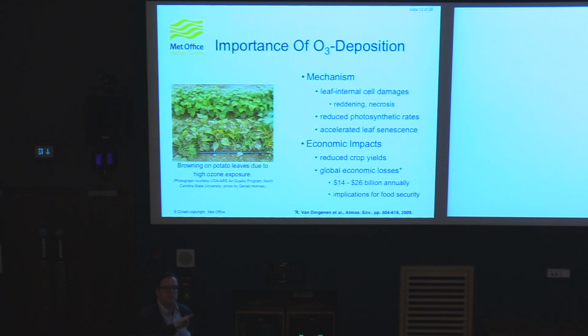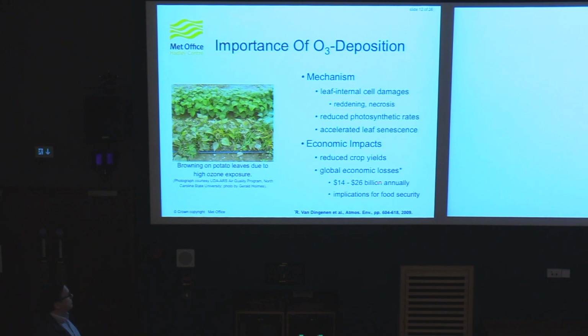The leaves are damaged at a cellular level, the photosynthesis is impaired, carbon assimilation is reduced, the plants don't grow as much. They can even be damaged to the point where leaves die off, they age faster, and this reduction in productivity results in a reduction in crop yields at the end of a growing season.